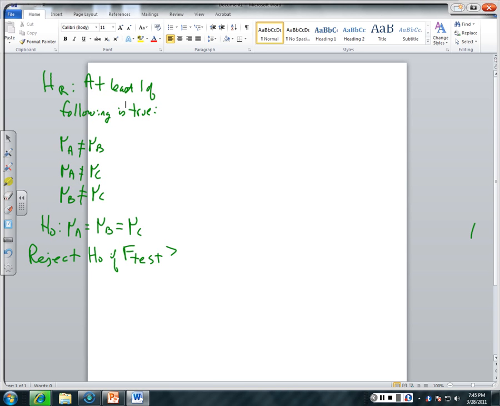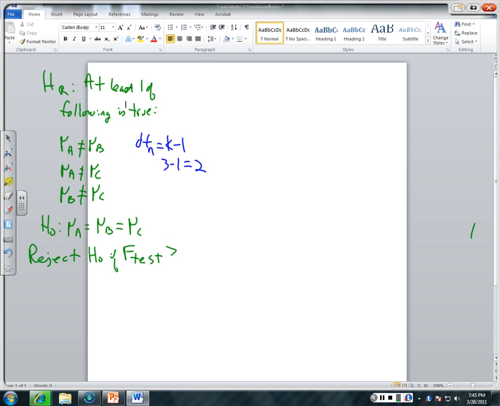So the degrees of freedom for the numerator is equal to k minus 1, where k is the number of groups. Remember we had 3 groups, A, B, and C. So that's just 3 minus 1 is equal to 2.